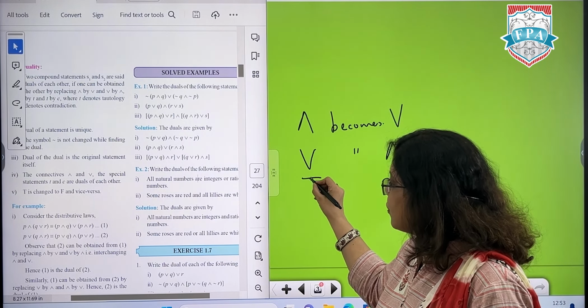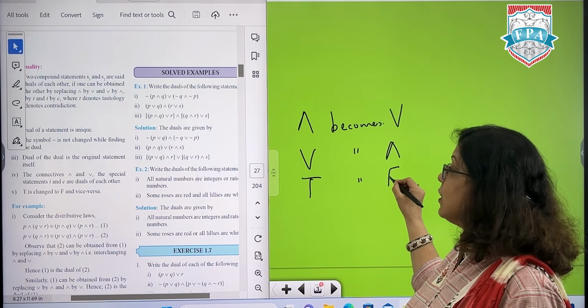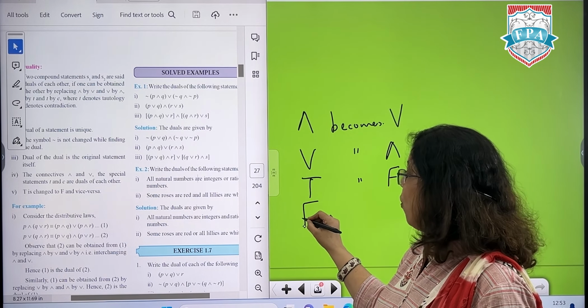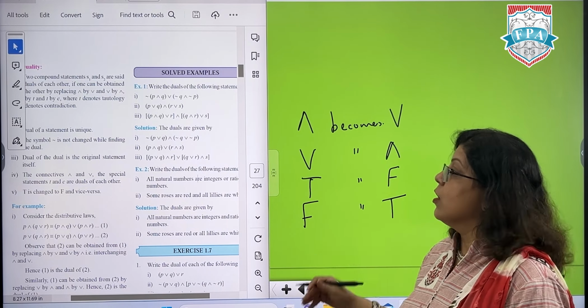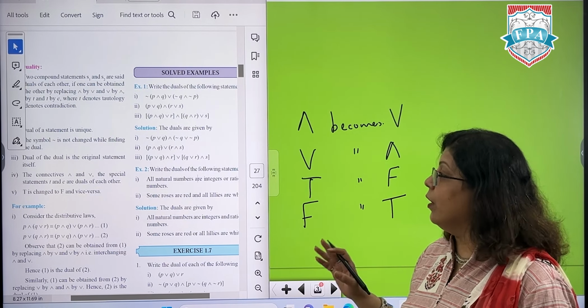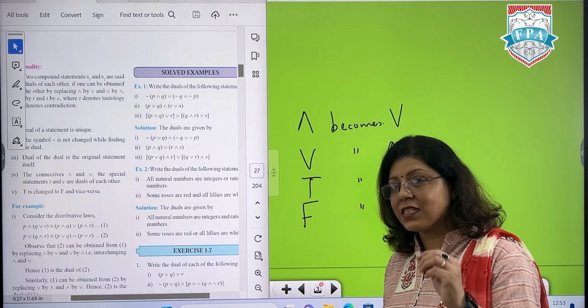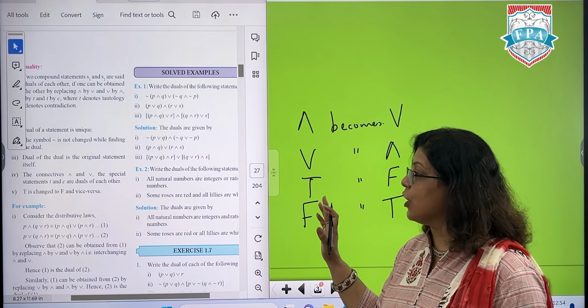If the value is true, it will become false, okay? Or if the value is false, it will become true. So for writing any dual, we just have to switch these values. One of the easiest things in the logical statement is writing a dual of the statement.